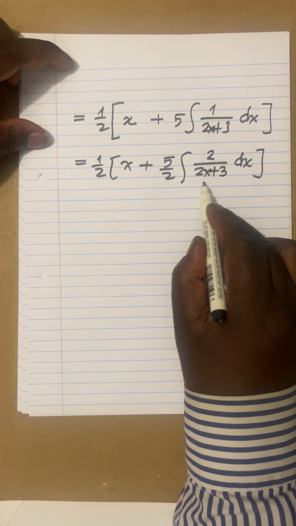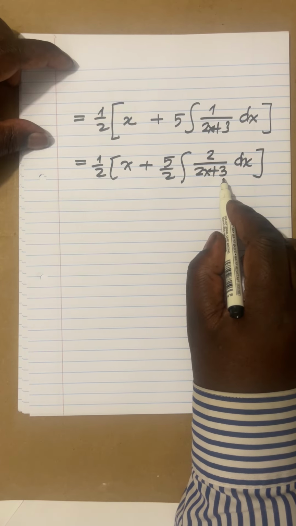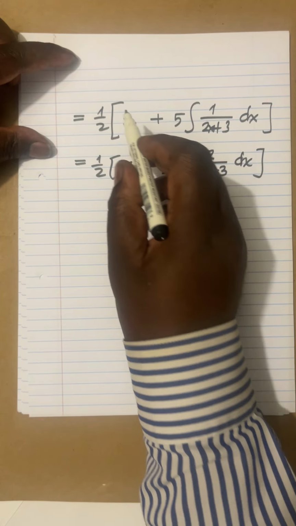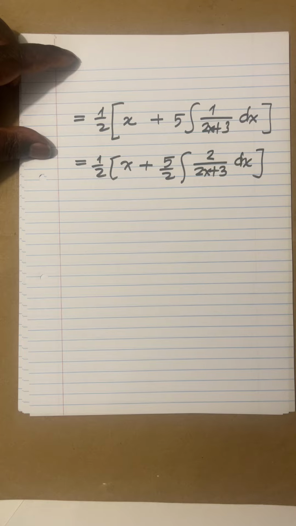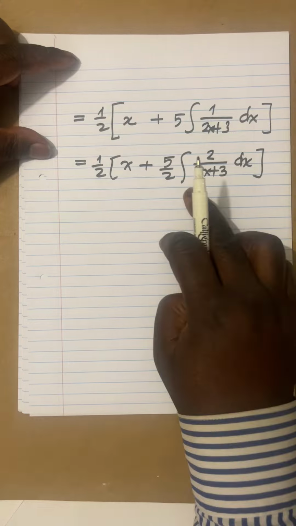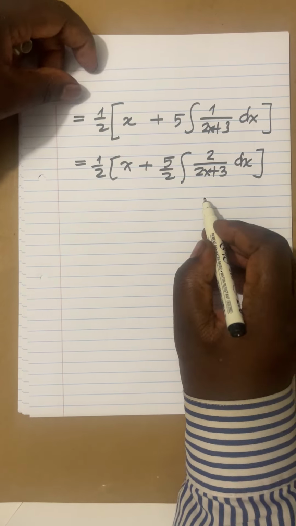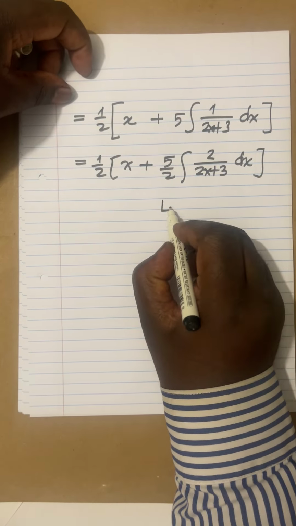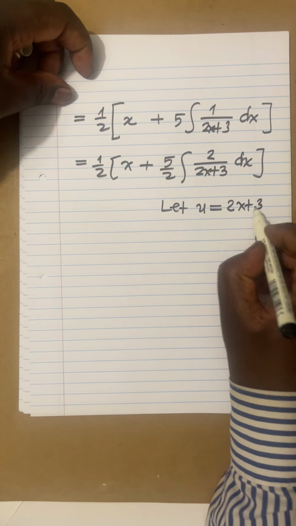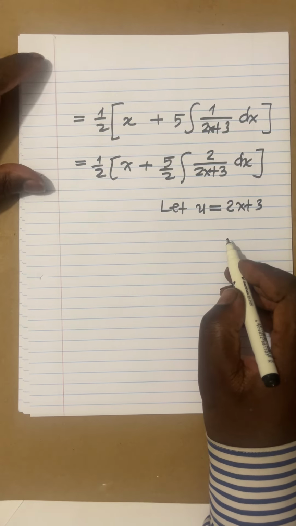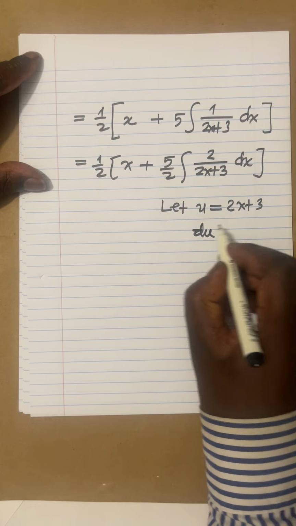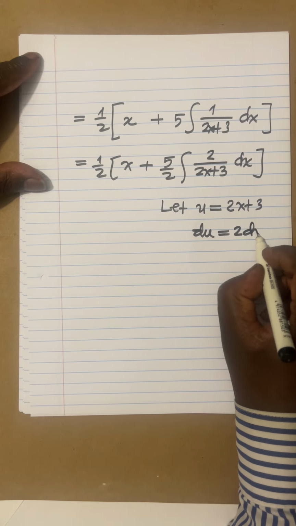But now I'm going to let 2x plus 3 be equal to u. So that part, I have to work on that because I've evaluated my first term, the integral of 1, and I got x, and I have to work on this part now. So I'm going to let u be equal to 2x plus 3, and therefore du dx, I'm going to just take dx on the other side straight away, du is going to be 2 dx.